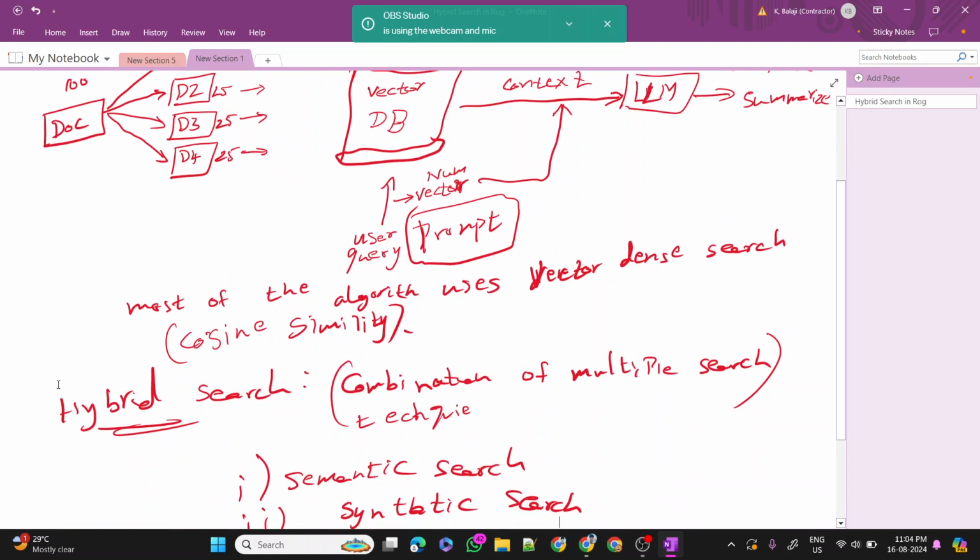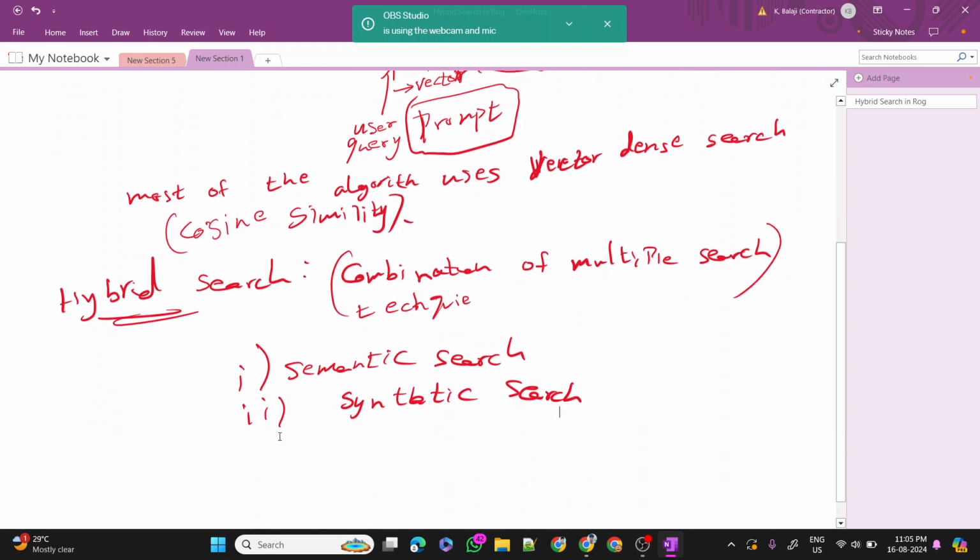This is the big advantage of hybrid search when compared to any other search, because hybrid search does not use only a single search technique, it uses multiple search techniques so that it can easily retrieve accurate and relevant data from the vector DB. Okay, in this hybrid search, the semantic search and synthetic search are used.